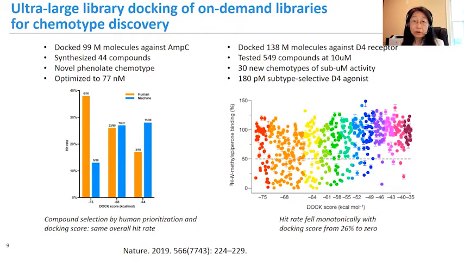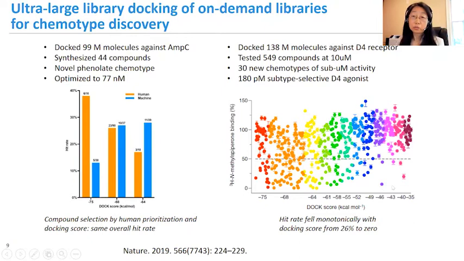In the following data analysis, they also demonstrate that the hit rate is highly correlated with the docking score. So in this graph here, toward the left-hand side, the lower docking scores, the hit rate is at about 26%.